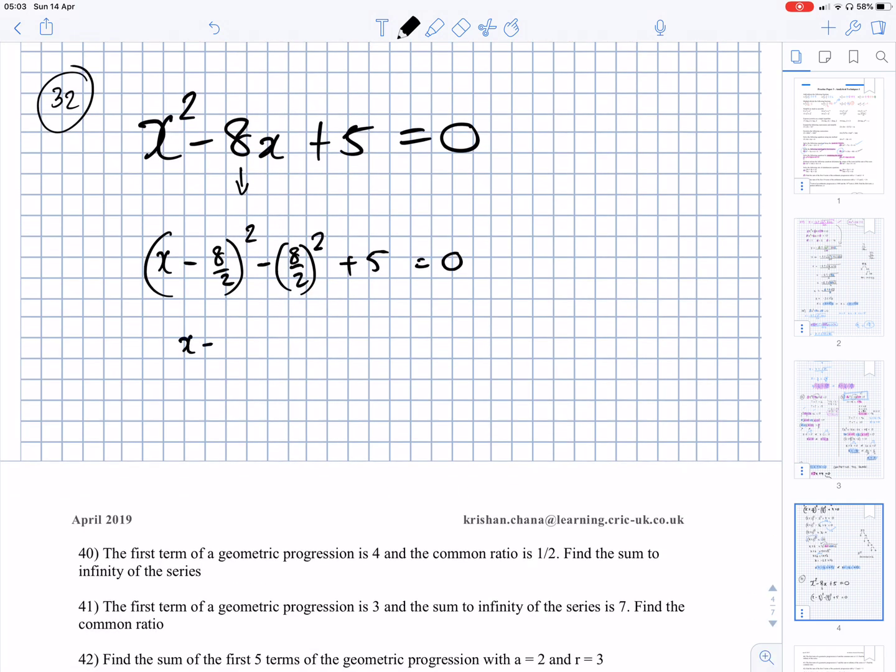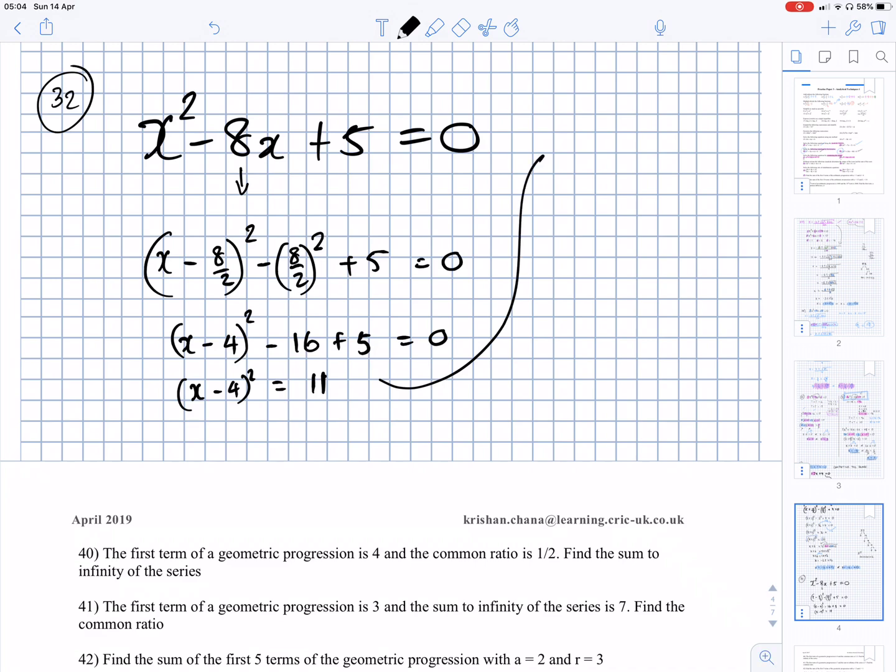So this is x minus 4, because 8 over 2 is 4, squared, minus 4 squared, which is minus 16, plus 5 is equal to 0. This becomes x minus 4 squared is equal to 16 minus 5, which is 11.